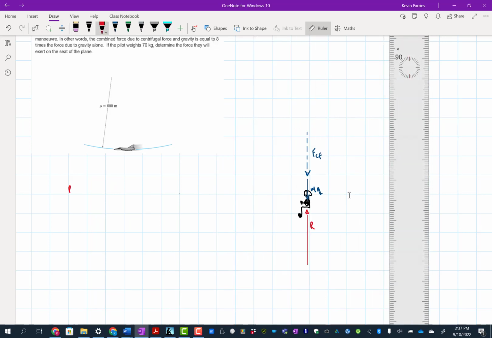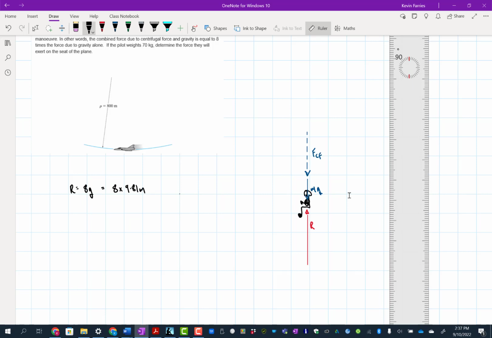So what do we know? We know that R, so that reaction force, is equal to 8 times either the force or the acceleration. It doesn't really matter how you think about it. We're going to think about it as force. So it's going to be 8 times 9.81 times whatever the mass of that person is.